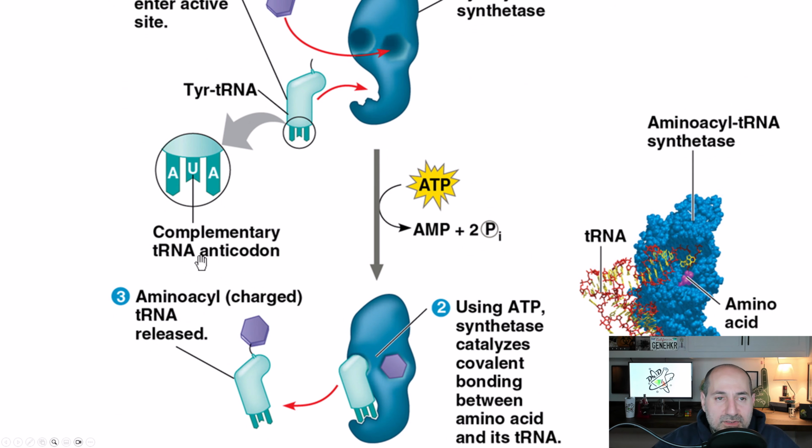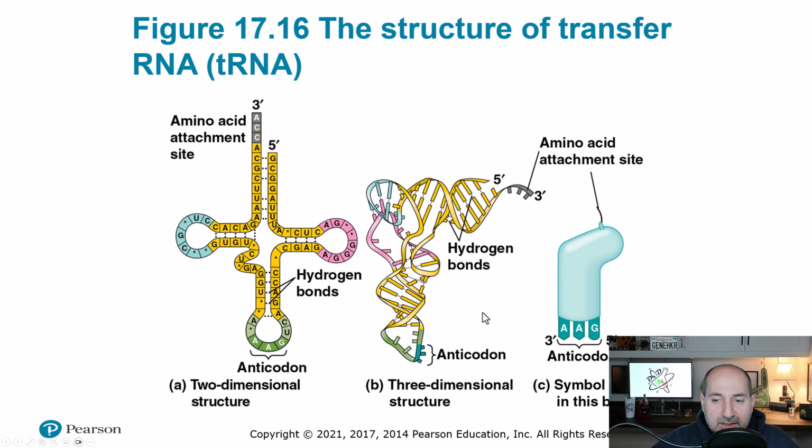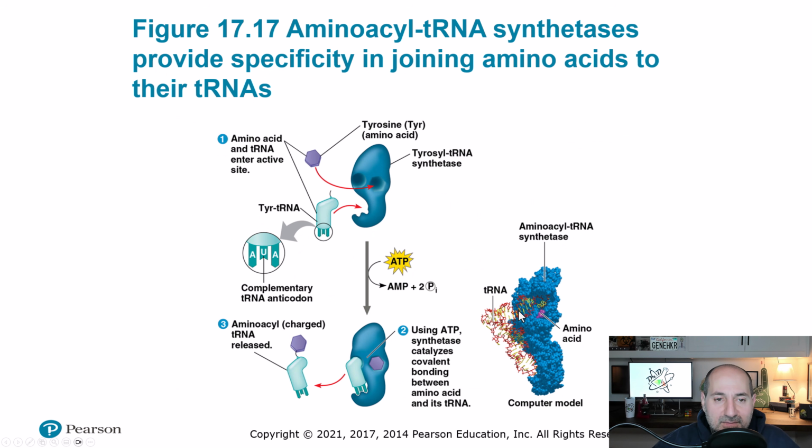Okay, but which one were we just talking about? We were just talking about this guy, this anticodon AAG, right? So if this tRNA was the one with the anticodon AAG, then this synthetase would have put the amino acid phenylalanine on it, right? So it would have had phenylalanine attached.